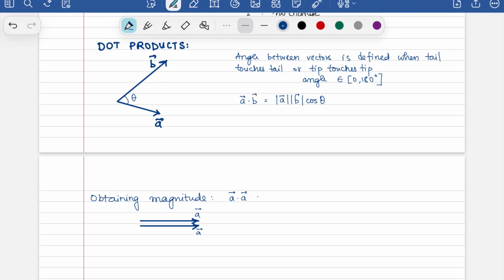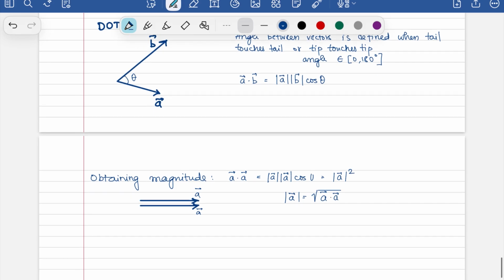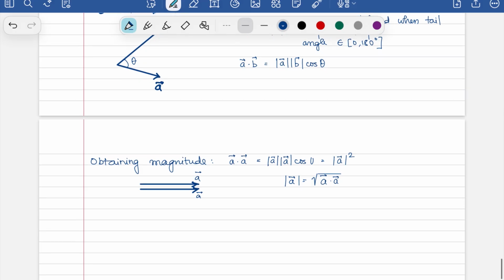This gives you magnitude of A times the magnitude of A times cos 0, which is essentially the magnitude of A squared. This means that the magnitude of A is root over A vector dot A vector. Okay, so this is one way of calculating the magnitude using a dot product.